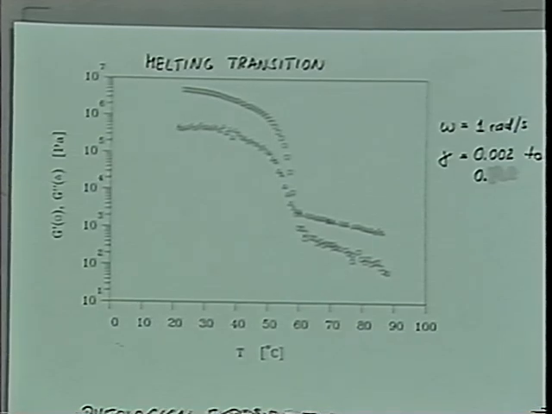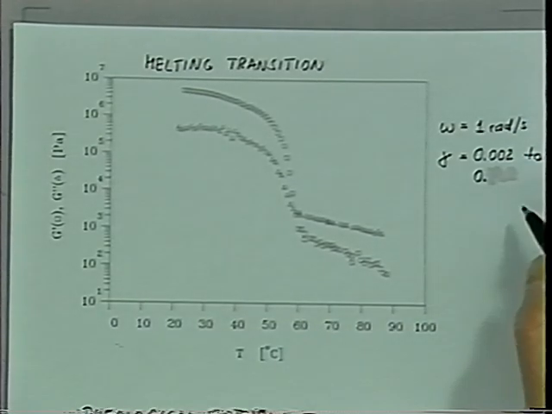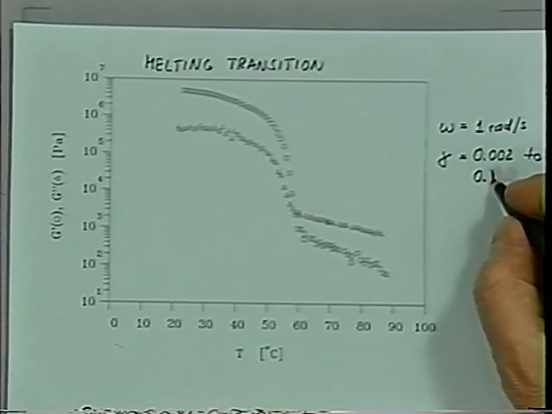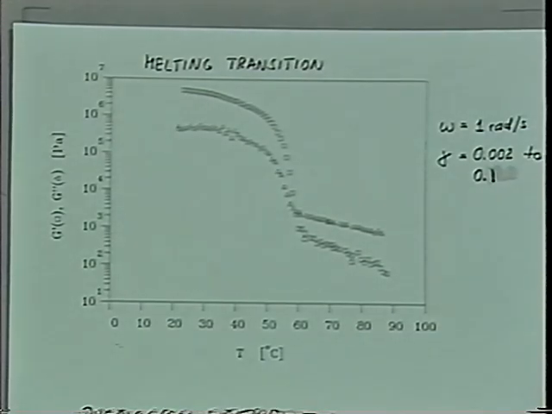And in this case, the sample is softening gradually during this process. So the amplitude was 0.002, and it ranged up to 10%, or 0.1, when the sample was very soft. Those experiments have been published by Richtering, or the publication will appear very soon.